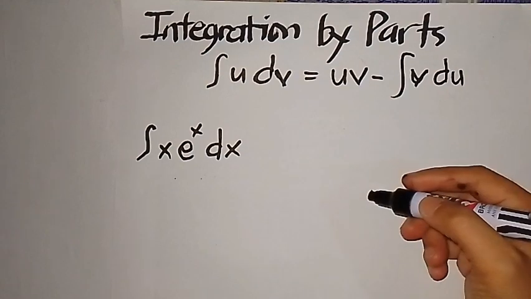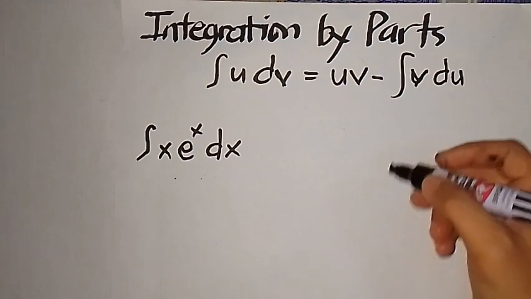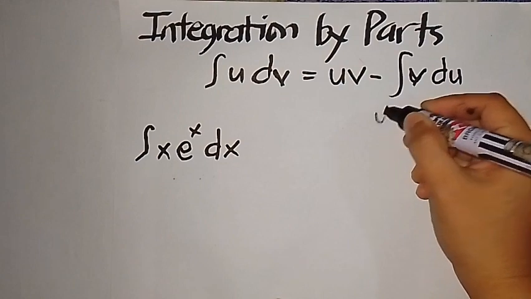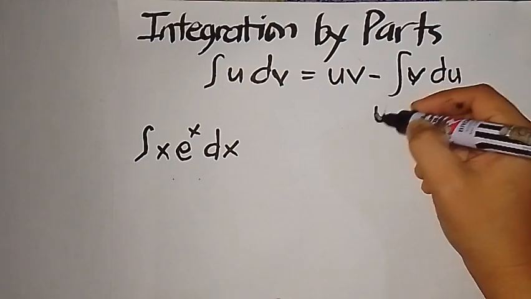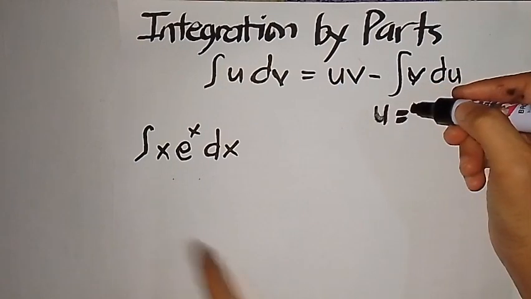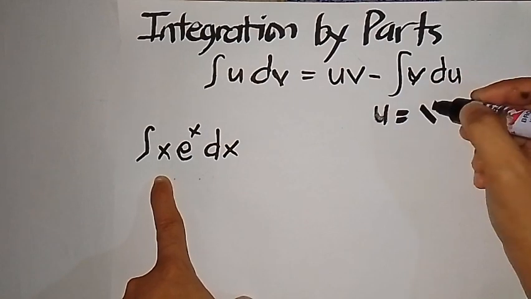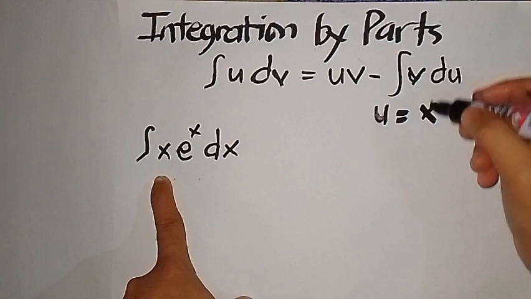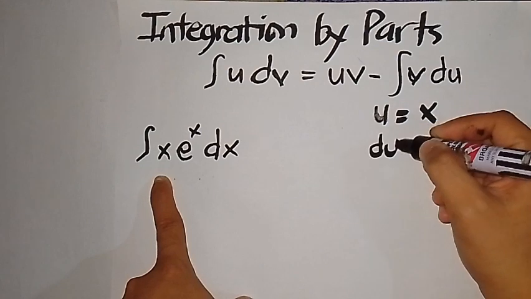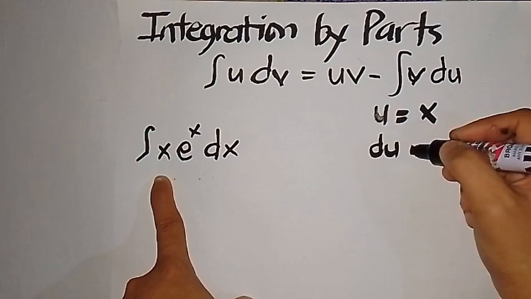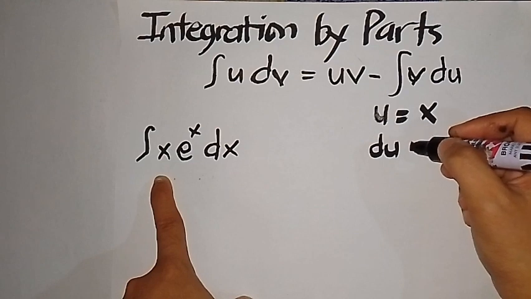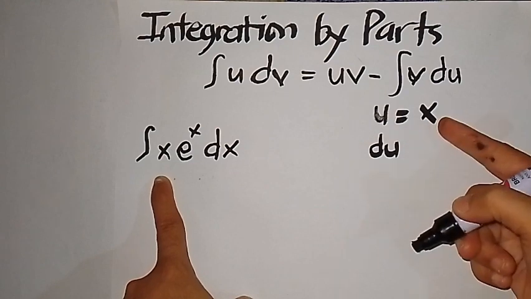So in here, our u will simply be equal to x, and our du simply means the derivative of x.